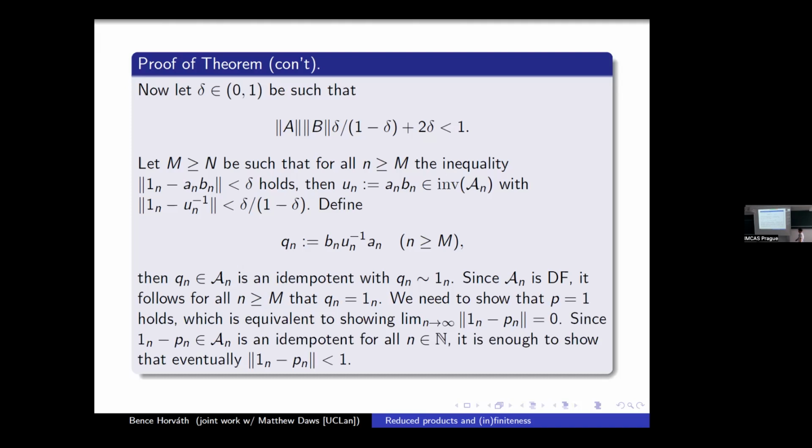So it's actually enough to prove that from some index on, these have norm strictly less than one. This is by the very trivial fact I said in the beginning: if you have an idempotent with norm strictly less than one, then it's zero. So this is enough to prove this.